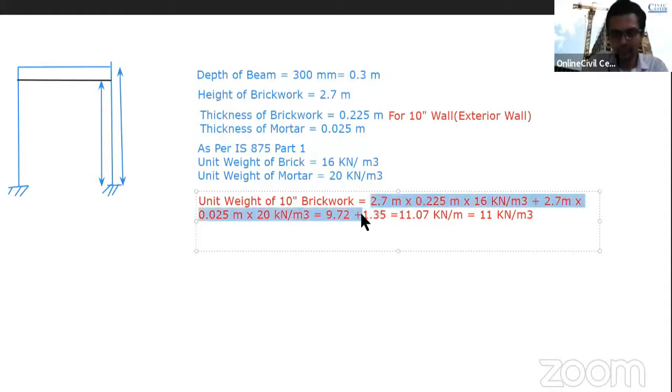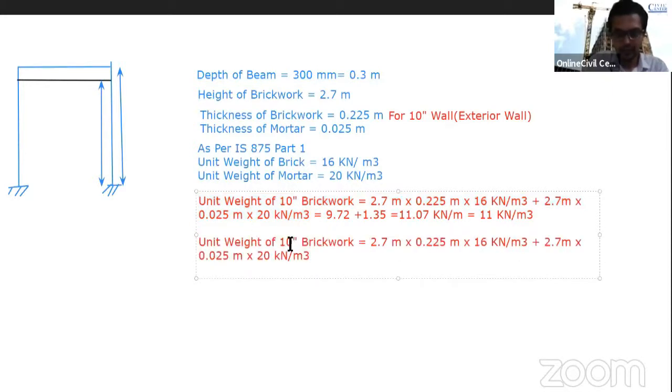So if you can just copy this, the unit weight of 10-inch brickwork is done here. You can just copy this for the 5-inch brickwork. So 5-inch brickwork will be the same. Now this particular height will be the same, and this thickness will be reduced. 5-inch means basically 125 mm, the half of 250 mm.